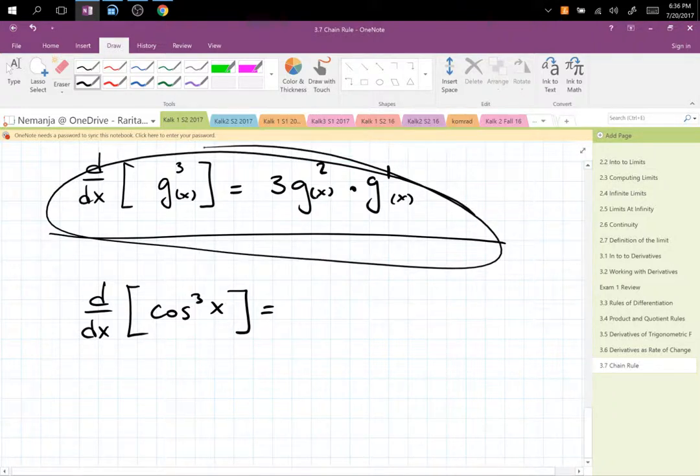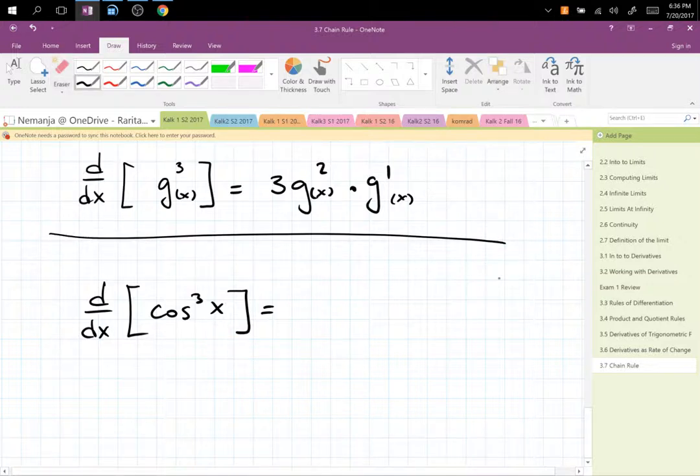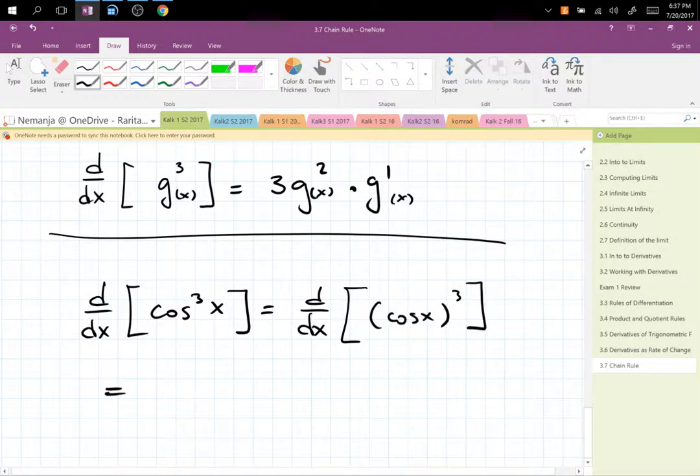It's the same problem. Cosine x cubed would be a different problem, because then x cubed is plugged into cosine, but the cube is on cosine. This problem looks the same as this. So, exactly, 3 cosine squared x times the derivative of cosine, which is negative sine.